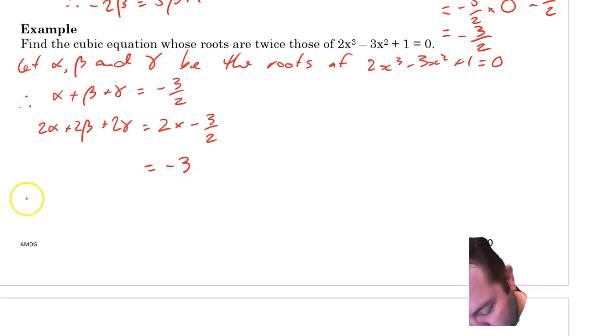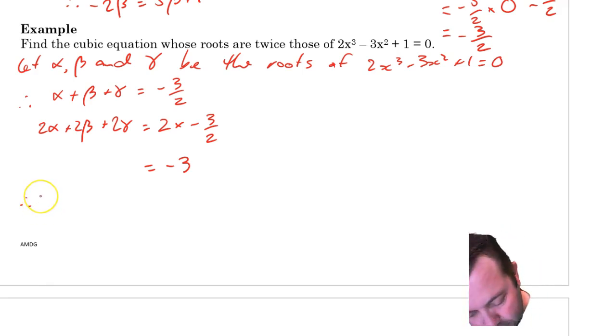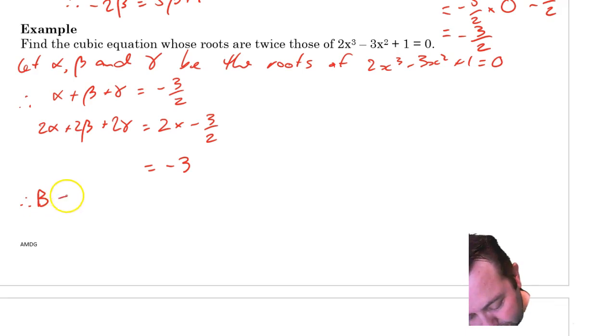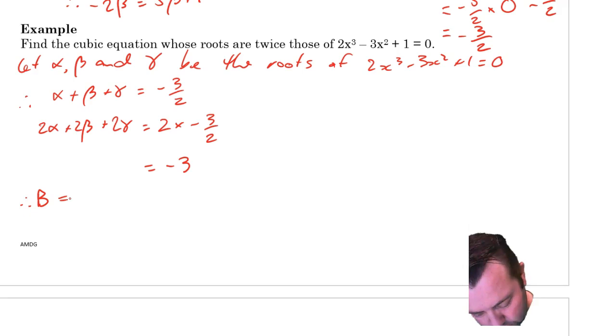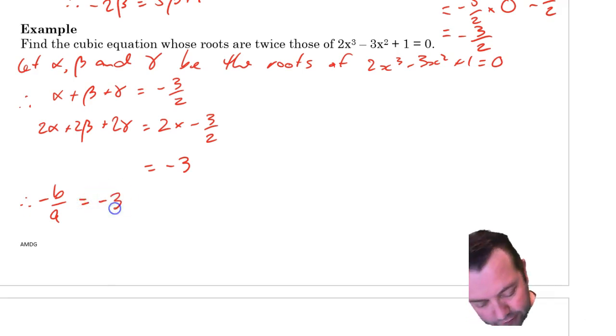Okay, therefore my negative b over a, I'm going to use capital B here for my coefficient of the bigger equation, equals negative 3.